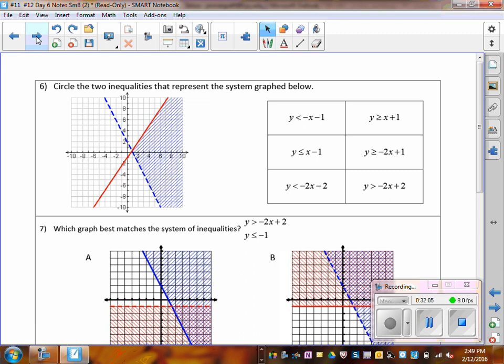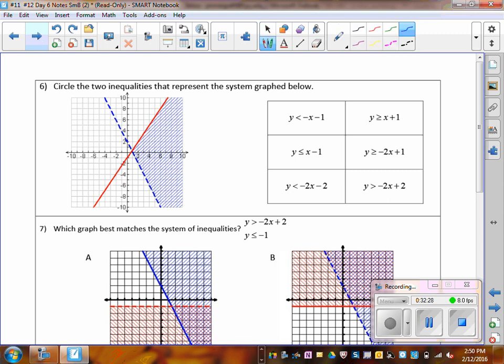What's my y-intercept for the blue graph? Which one is it? My blue line? What's my y-intercept?